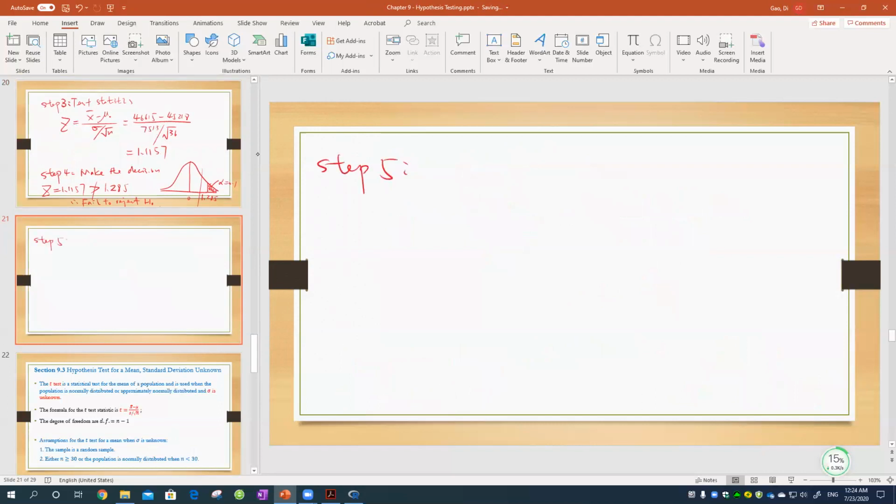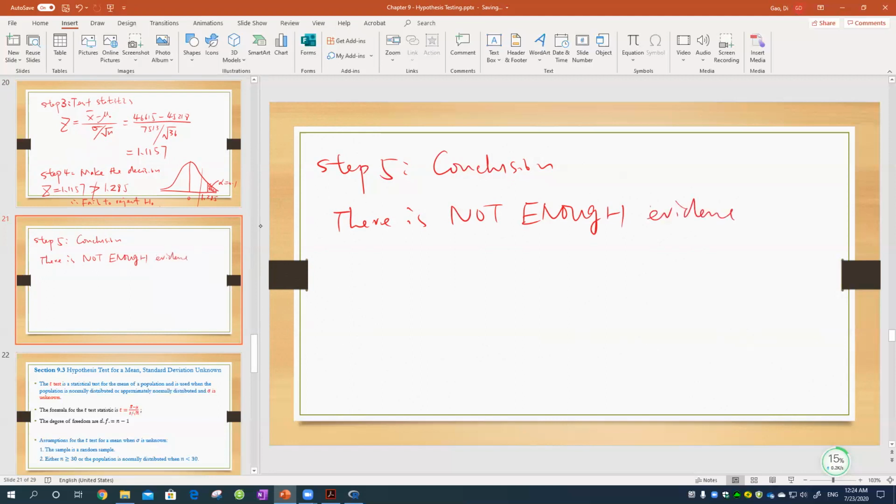And then the last one will be step 5, conclusion. So the conclusion is based on whether you reject or fail to reject. If you fail to reject, then you put there is not enough evidence to conclude the claim. What's the claim?